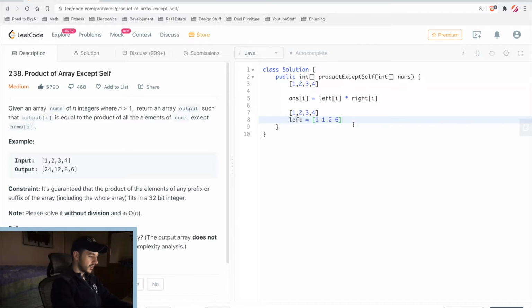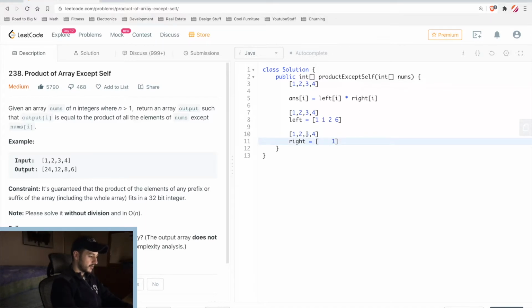And we do the same exact thing for the right side. So for the right side, here we'll be starting from the end on the right side, and this will be starting with 1 because there's nothing to the right to calculate here, and that's also why we started here with 1, because there's nothing to the left to calculate.